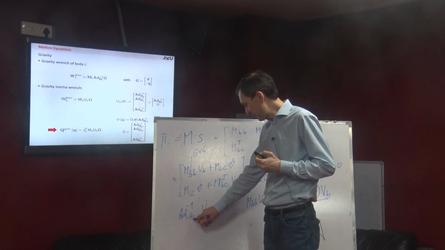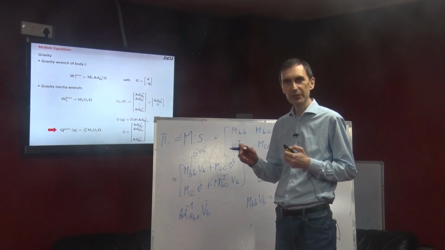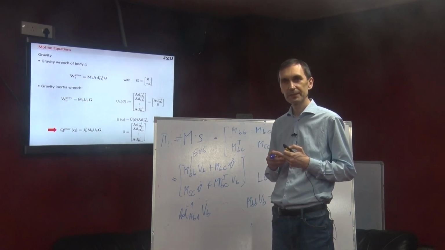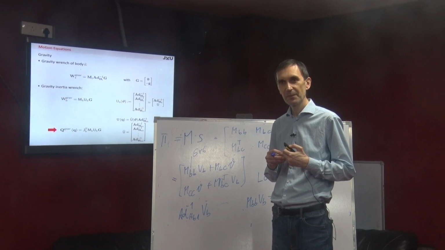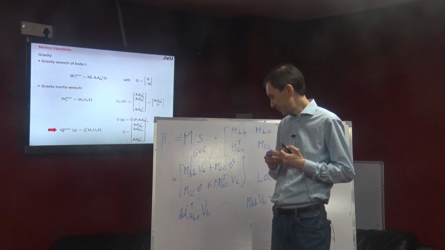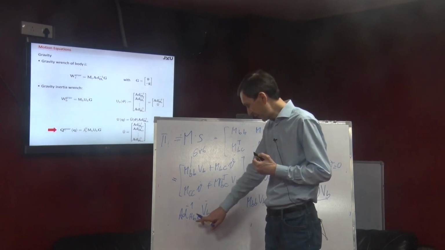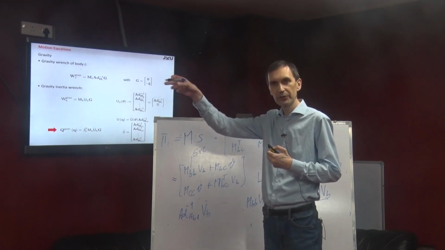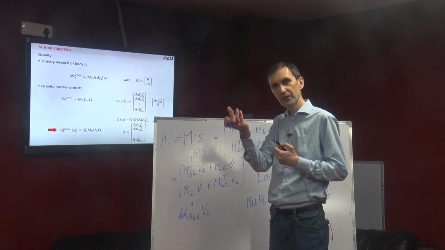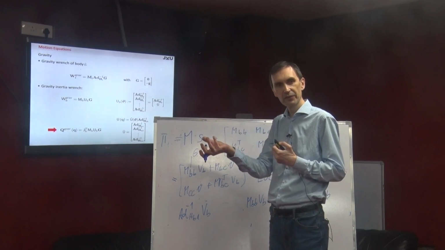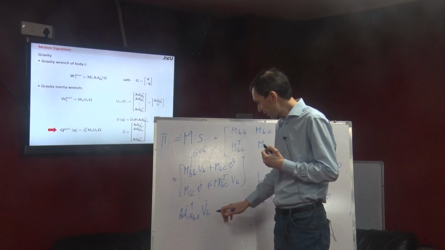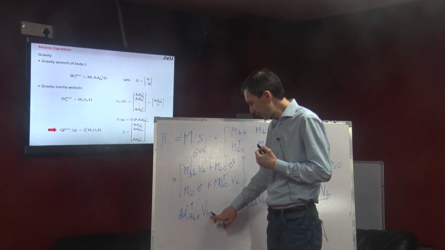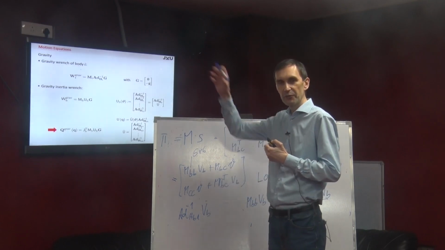What does HB1 do? Transformation from the link to the base. HB1 itself transforms from 1 to B, from link 1 to the base, so the inverse goes from the base to link 1. So what comes out here is the base twist transformed to link 1.